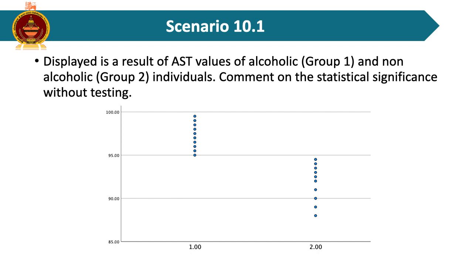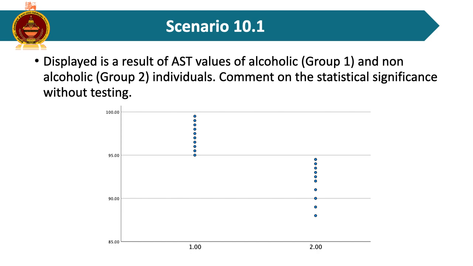Look here carefully. The lowest AST level of the alcoholic group is more than the highest AST level of the non-alcoholic group. There's a clear difference and there's no overlap at all.